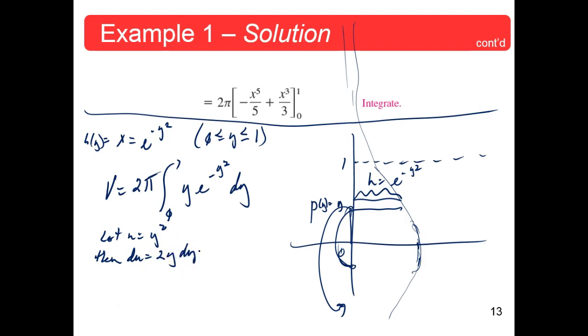Now, only problem is you don't have a 2y dy, you just have y dy. So what I wanted is a y dy, so let's divide both sides of this by 2. I don't know if y'all did it this way, but this is how I've grown to like it. So now we've got what y dy is.